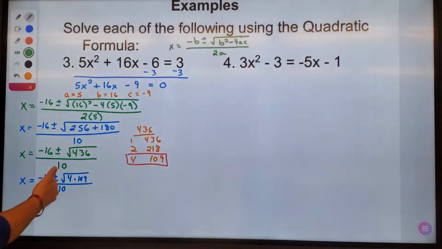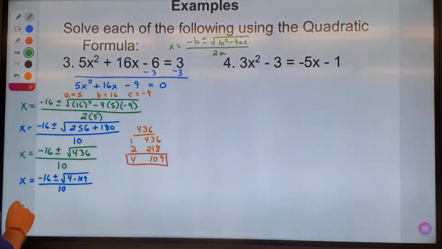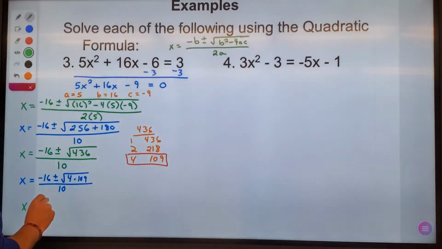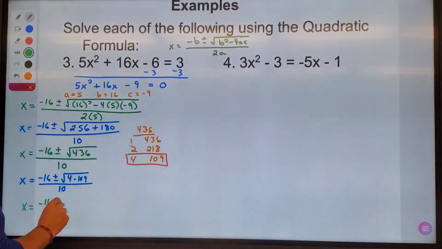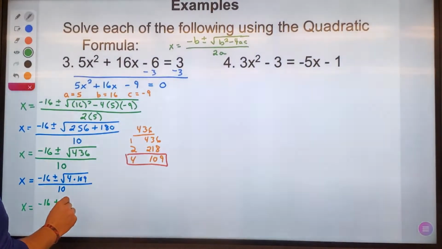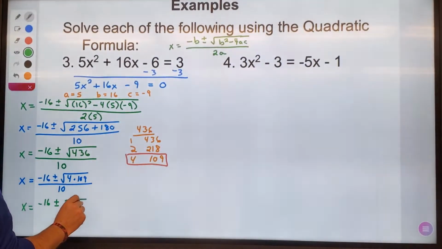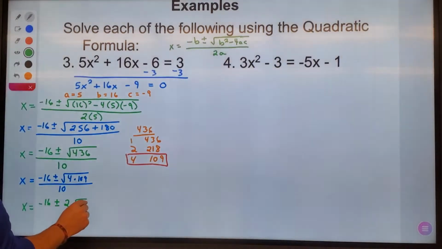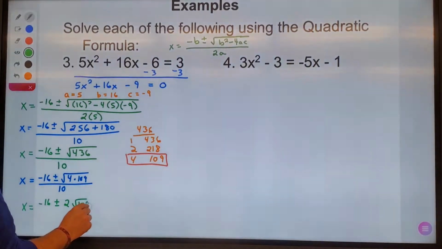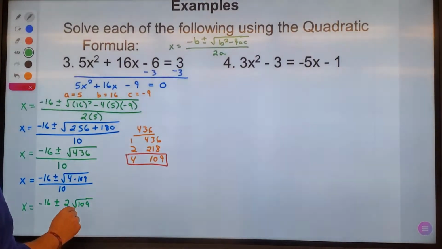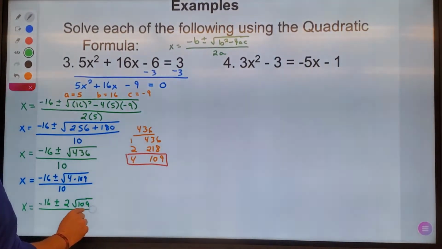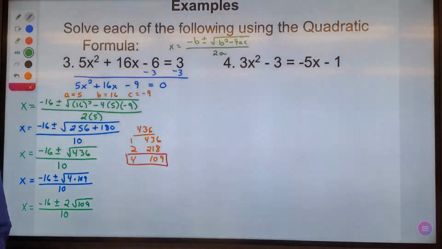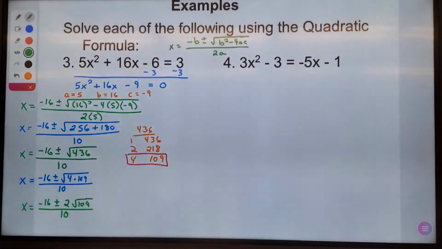And then I'm just going to take the square root of 4, which then gives me x equals negative 16 plus or minus 2, because the square root of 4, times the square root of 109, which stays underneath the square root, all over 10. At this point you wouldn't be incorrect if you stopped.